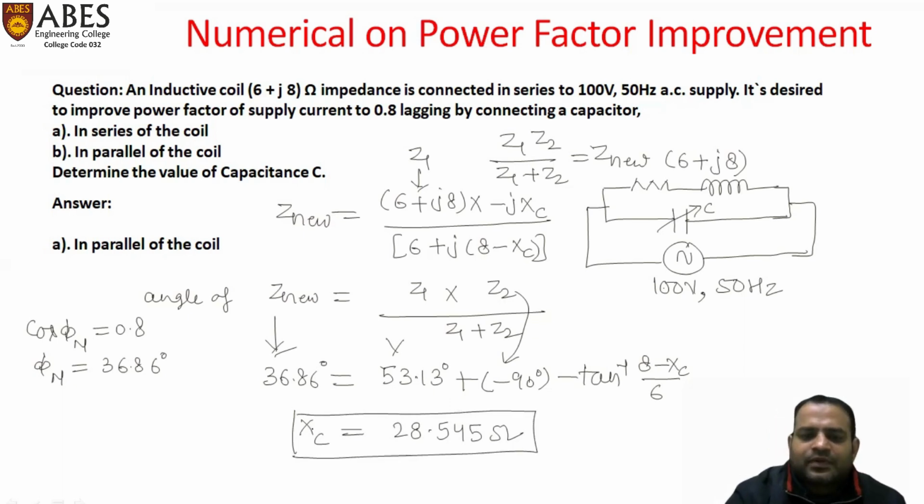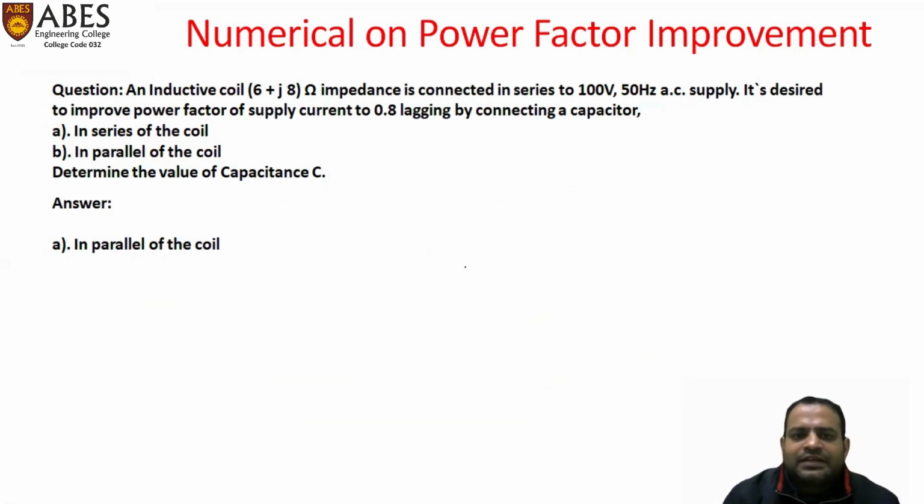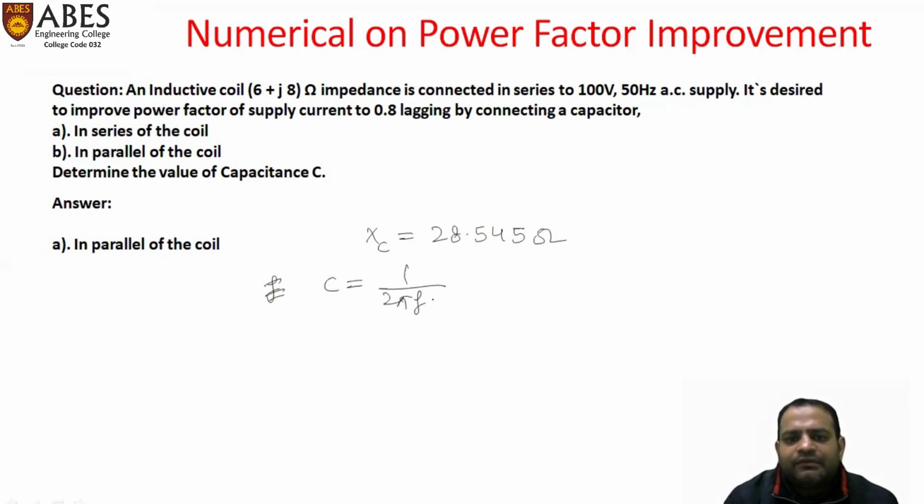Now we calculate the value of C, that is 1 upon 2 pi f XC.